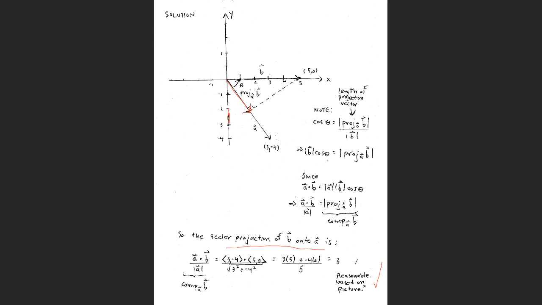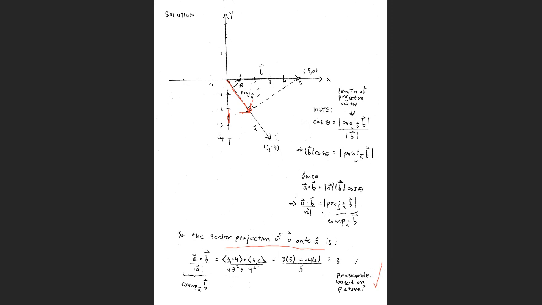Now, if you want to find the projection vector, you need direction. What direction is this red projection vector going in? It's going in the same direction as the vector A.